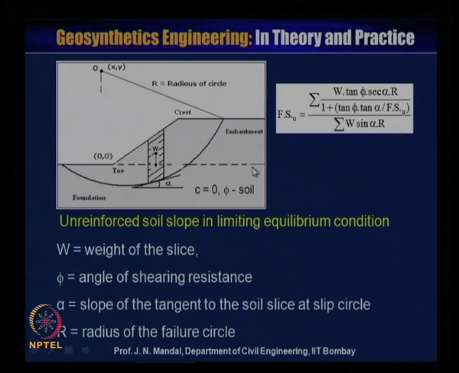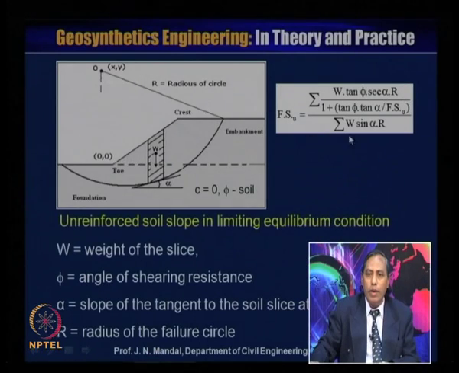So we know how to calculate the factor of safety with this equation. It is also known to you as the Bishop method. This is W into tan phi into sec alpha into R divided by 1 plus tan phi into tan alpha divided by factor of safety, all divided by the summation of W into sin alpha into R. So this is the factor of safety required.